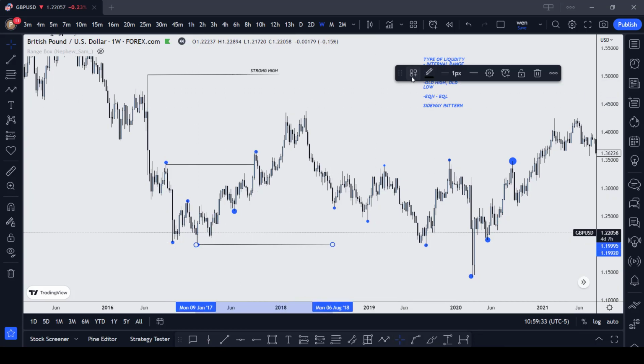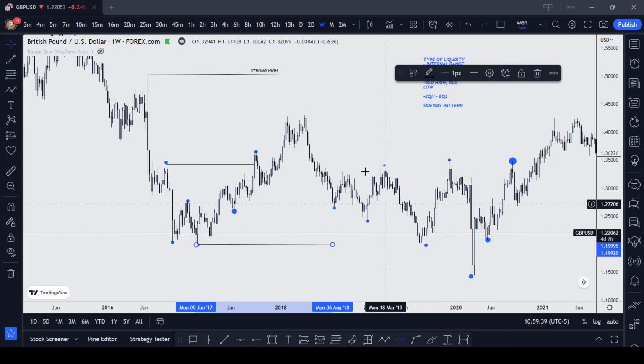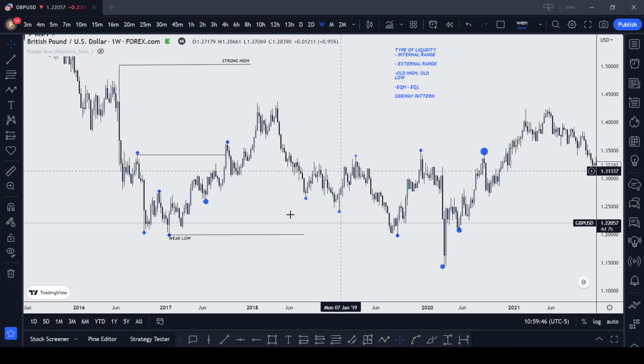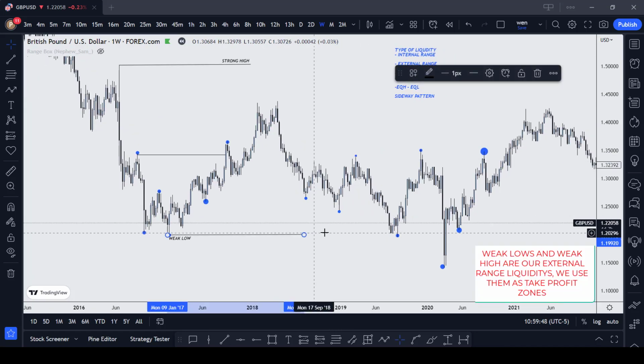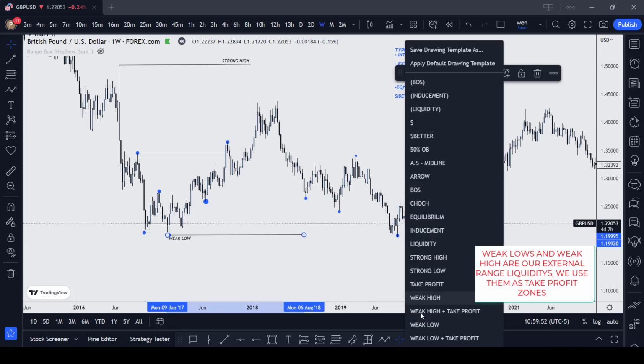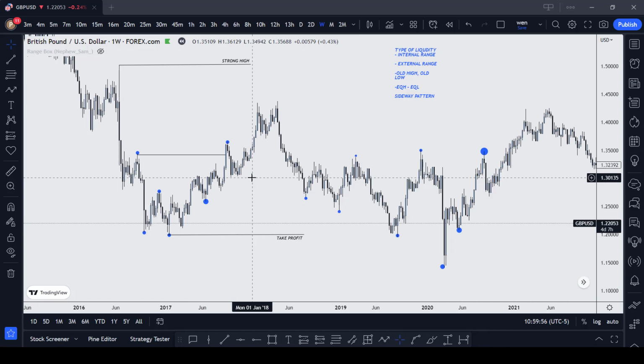Because weak lows and weak highs are our external range liquidities. Those are the type of liquidities we target as take profits. So if you are looking for a take profit, you would always target a weak high or a weak low, because heavy liquidity will be under or above them, right?